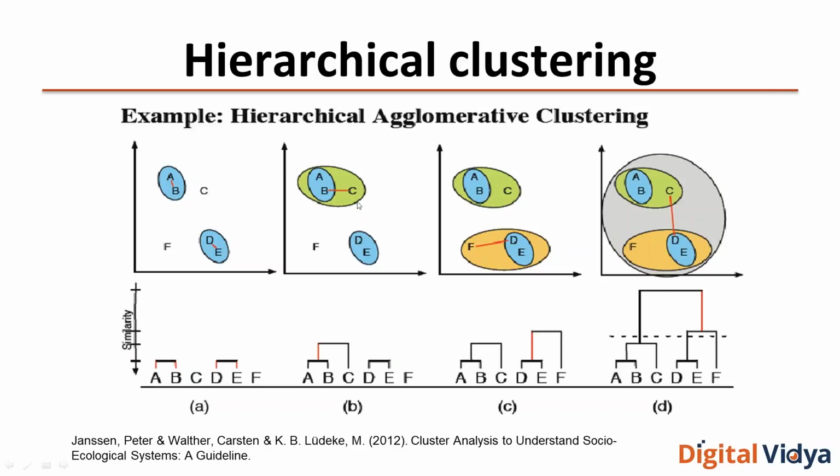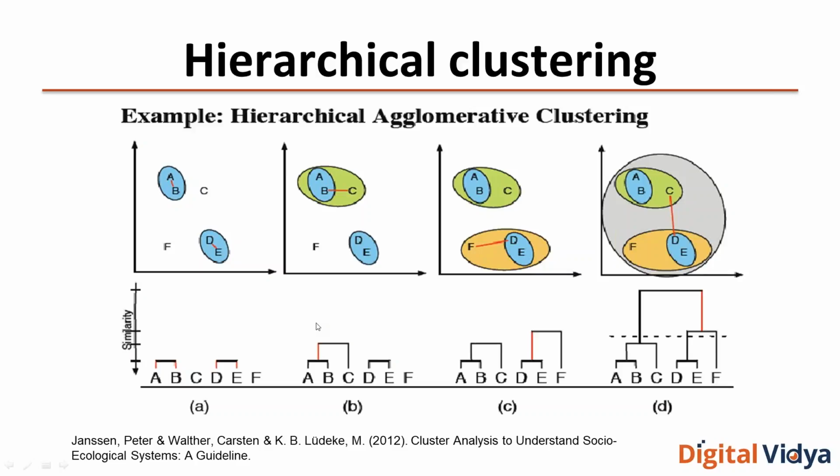So these are three clusters now. Next, F would be merged to D. So you have two clusters, and finally these two would be merged to form one cluster. So everything is one cluster.